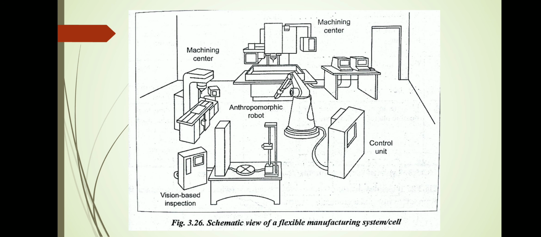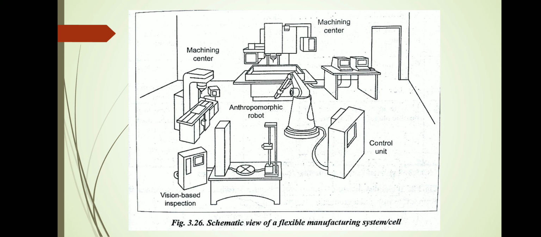The figure shows the schematic view of the FMS cell. In between many machines, for example, here a CMM and two machining centers are there. In between these machines, we have provided a robot, an automatic material handling robot. We utilize this robot to transport the material from pallet to machine, then loading and unloading.